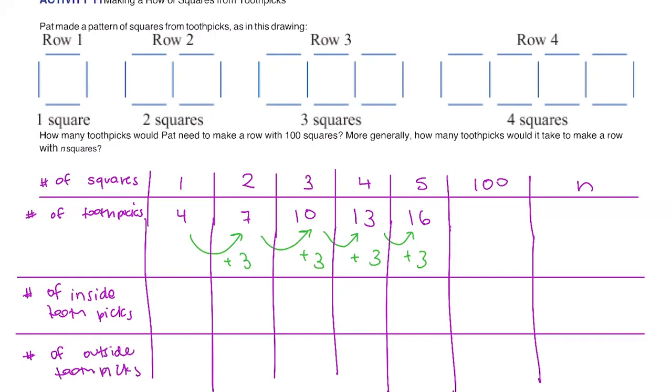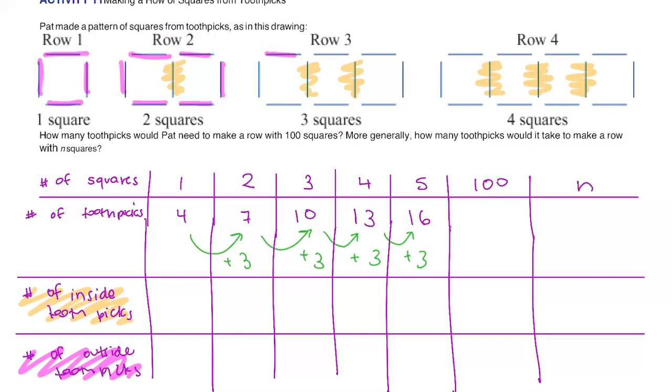Because that's how I see it. I see these interior vertical toothpicks going on. It's my inside toothpicks. And then I see outside toothpicks. These sticks that make like the box on the outside of all the squares. That's how I'm visualizing it.